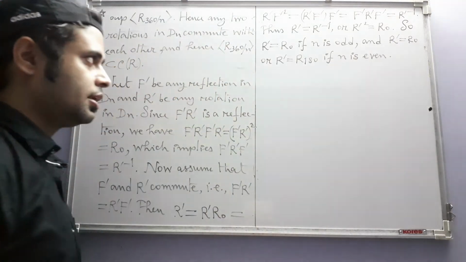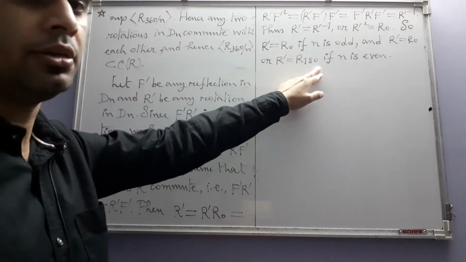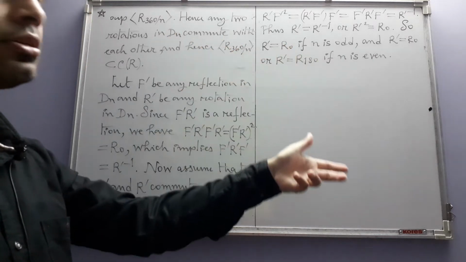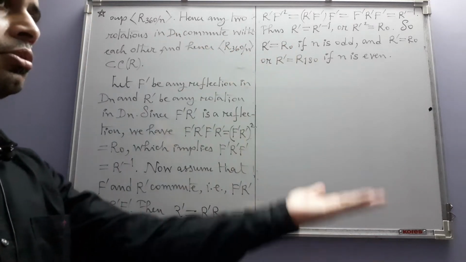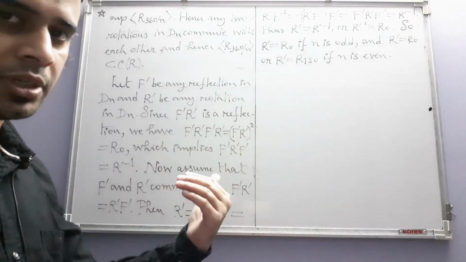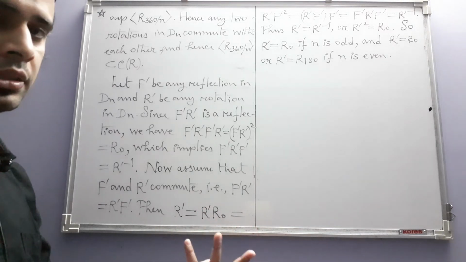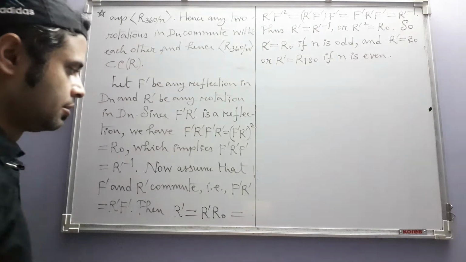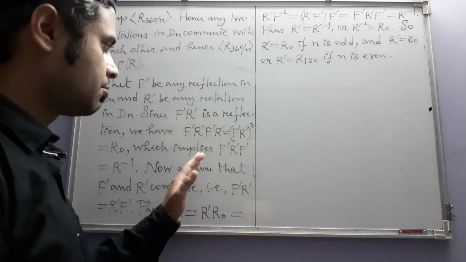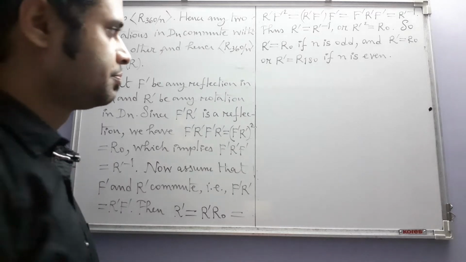If n is even, then besides R naught, there is R 180 also in Dn, whose square is also the identity, because 180 is half revolution. If you perform it twice, then that is the same as doing nothing. So these are two cases. Now we are going to see what happens when two reflections commute.